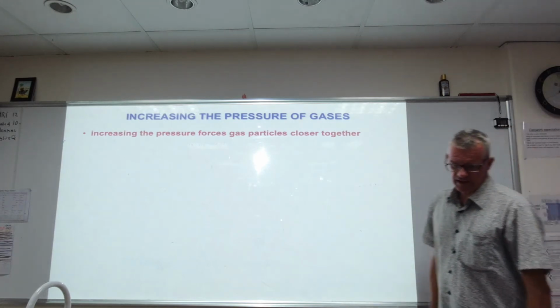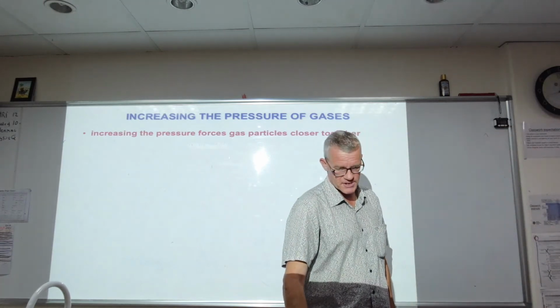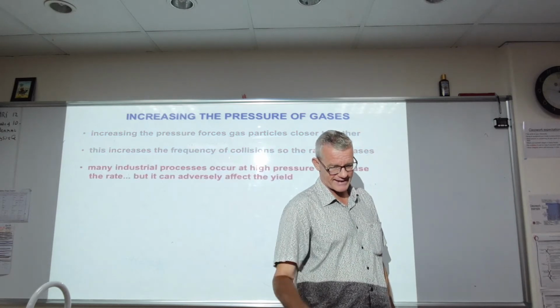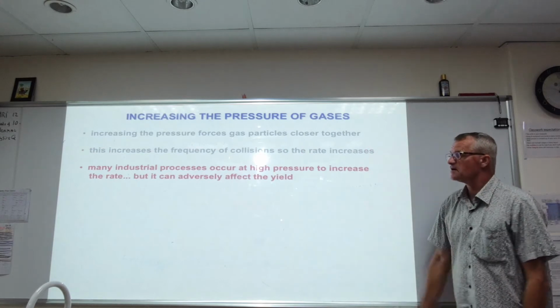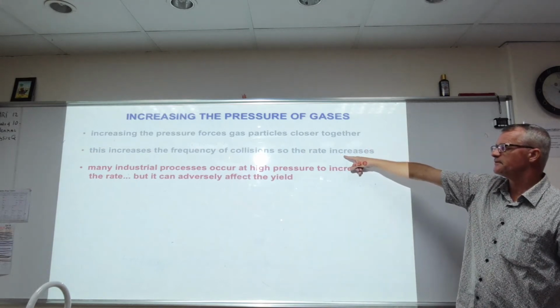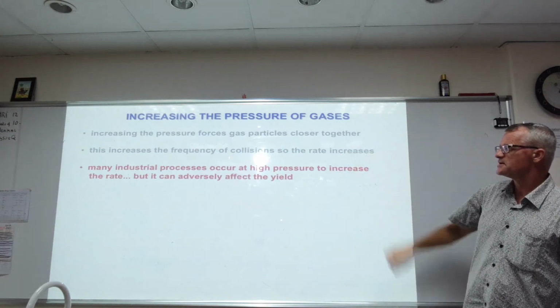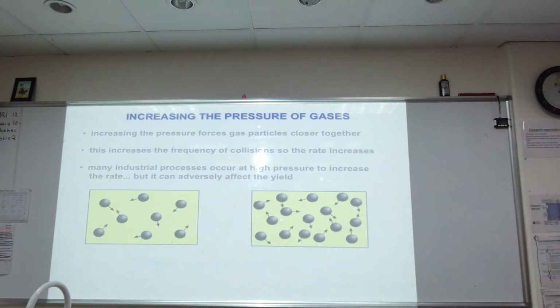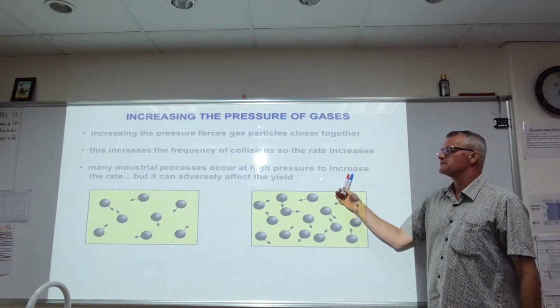So, when we increase the pressure, it forces the particles to get closer, and it increases the frequency of the collisions, so the rate of reaction increases, and that's why you will see in a lot of industrial processes, reactions take place under a high pressure to increase the rate.